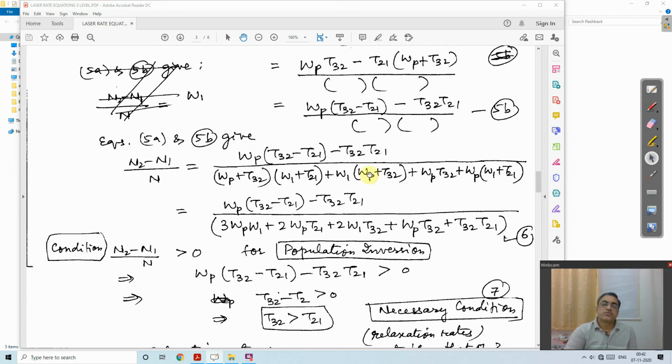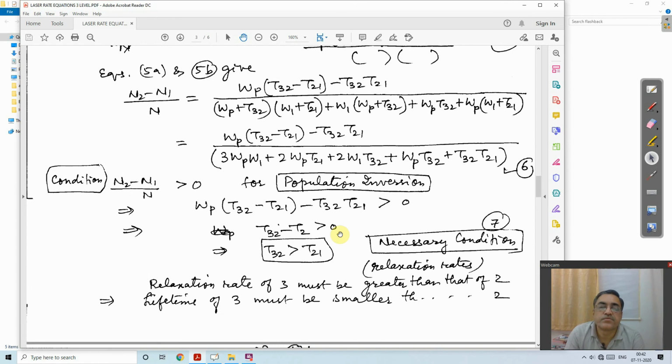This must be a positive quantity. For this we have Wp (T32 minus T21) minus T32 T21 must be positive. Otherwise, when population inversion is not there, N1 must be greater than N2. So simplifying it, we get T32 is greater than T21.